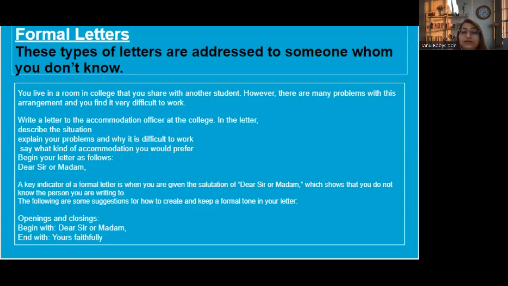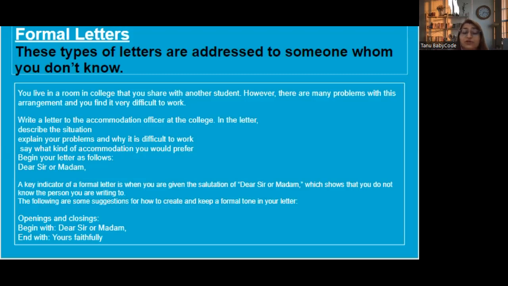Now, for a formal letter, we always start the letter with the salutation, Dear Sir or Madam. A key indicator of a formal letter is when you are given the salutation Dear Sir or Madam. It shows that you do not know the person you are writing to. Exactly, because that is why you are writing Sir or Madam, because you don't know who that person is, right?